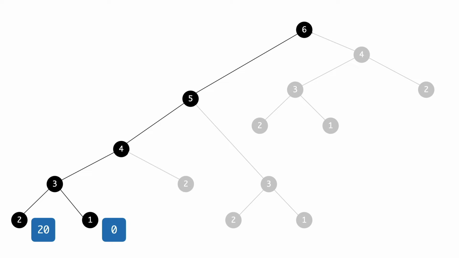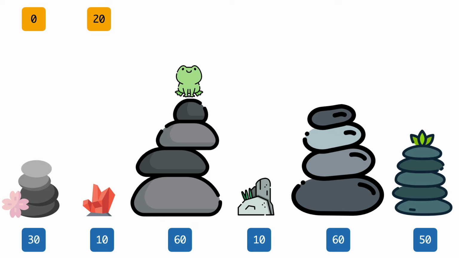So these values are reported and pushed upstream to the calling function, which is trying to figure out what is the answer when there are 3 stones in the picture. At this point, remember, we're asking ourselves, how did you end up on the third stone? There are 2 possibilities. Either you came in from the second stone and that jump would have cost you 50, or you came in from the first stone and that jump would have cost you 30.